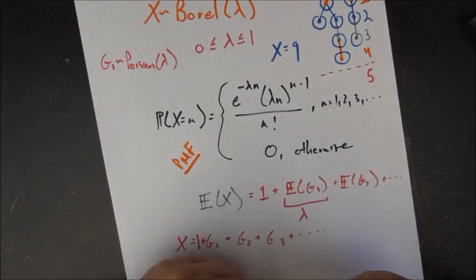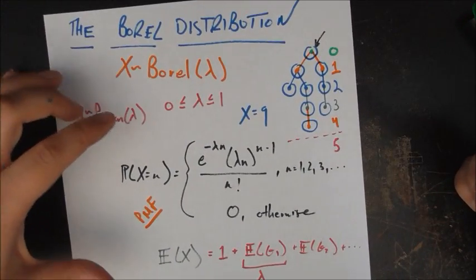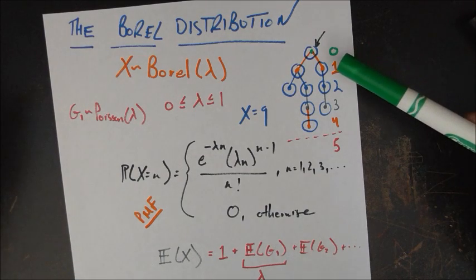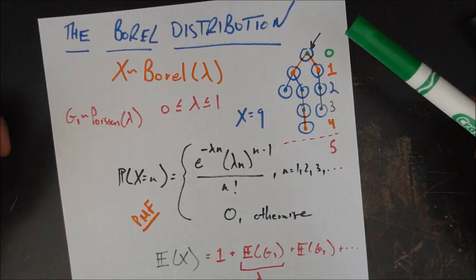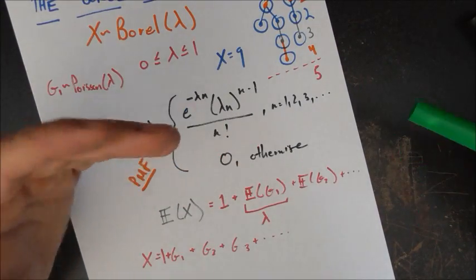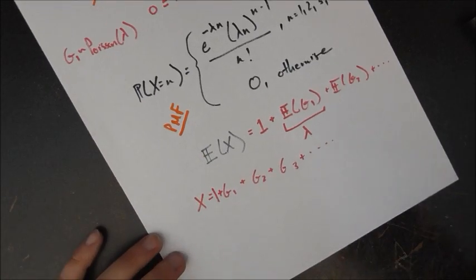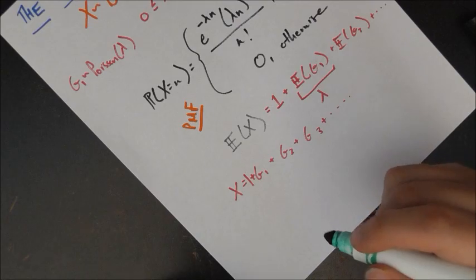Now things get a little bit trickier, so we're going to have to think a little bit harder. Expected people in generation 2. Well, see, the problem is that there's not a guaranteed number of people in generation 1. Here there were 2. There could have easily just been 1. Maybe there's 0. We don't really know. So the expected number of people in generation 2 depends on the people in generation 1. Therefore, we're going to use the law of iterated expectations, which is going to be very helpful for us in this case. So if you need to, go back and review it.